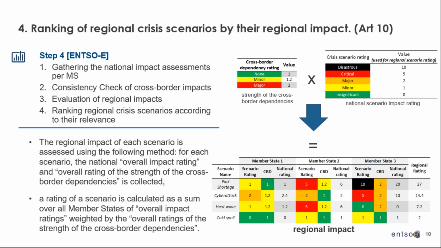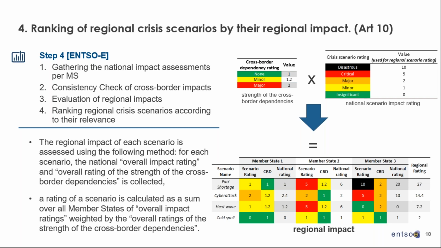And a consistency check of those scorings and the cross-border dependencies will be carried out by ENTSO-E to make sure that we're looking at a holistic view and each scoring is consistent across the picture for the regional crisis.